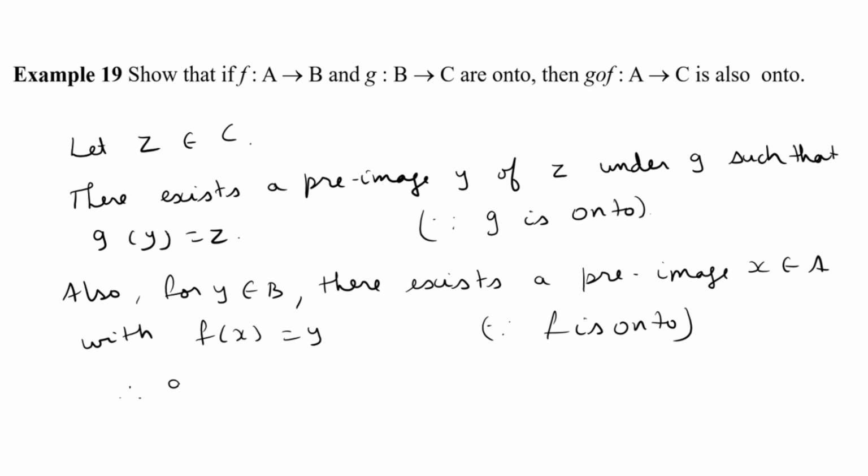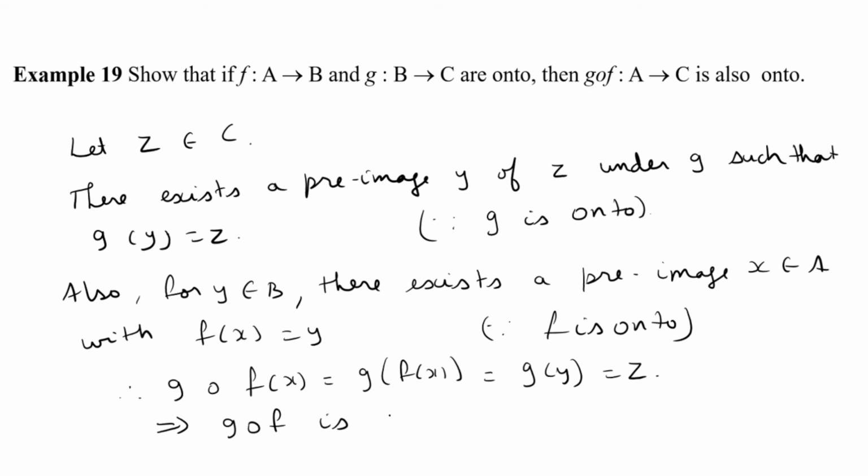Therefore, g of f of x will be equal to g of y equal to z, which means g of f is onto. So if it is given f and g are onto, then the composition g of f is also onto.